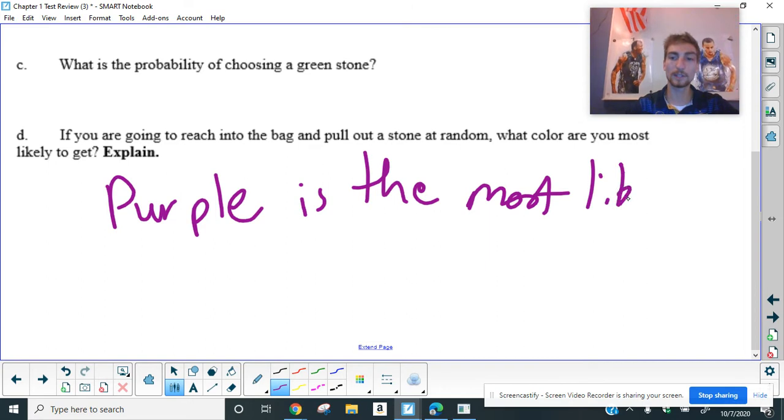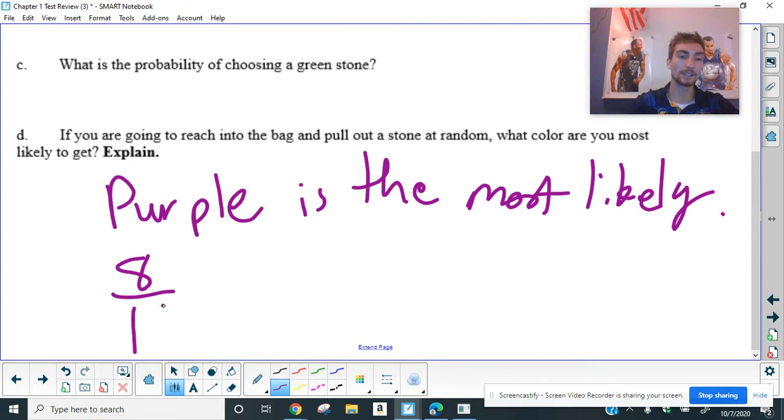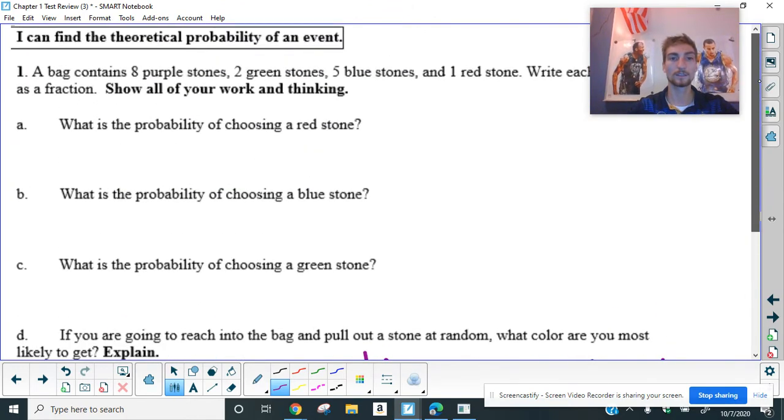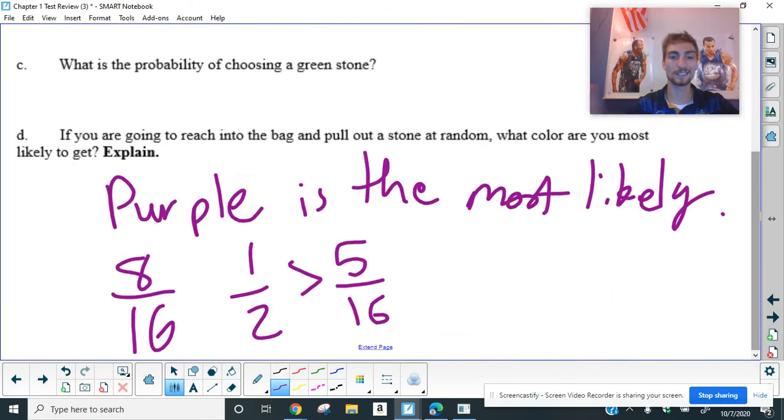And now we need to explain how we know. Well, we could say that 8 out of 16, or simplified, 1/2, is greater than 5 out of 16, 2 out of 16, and 1 out of 16.